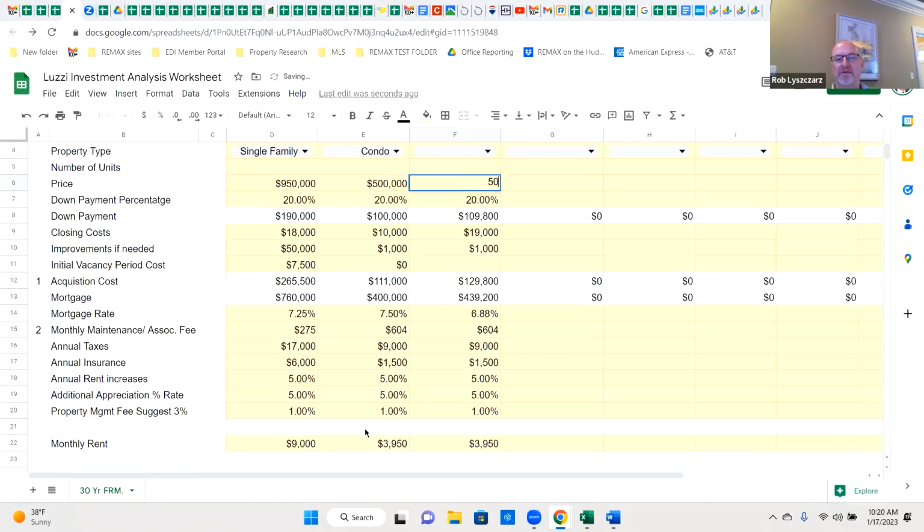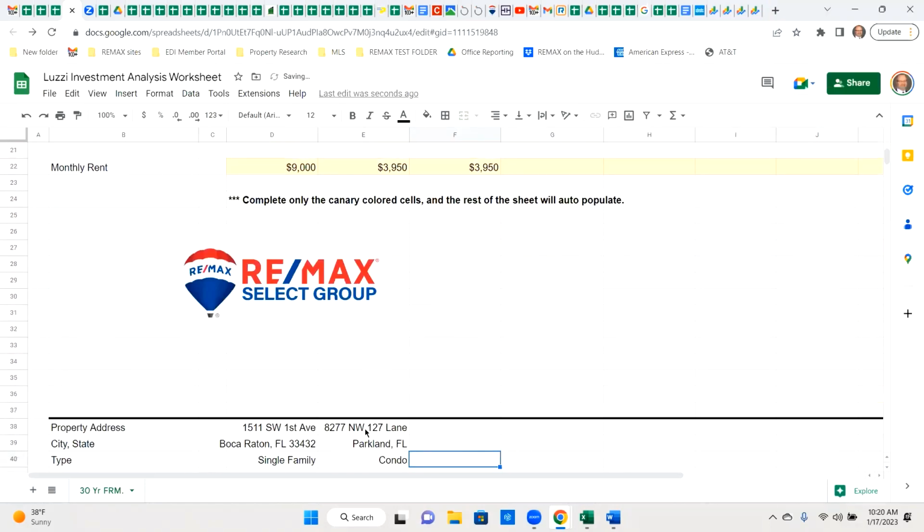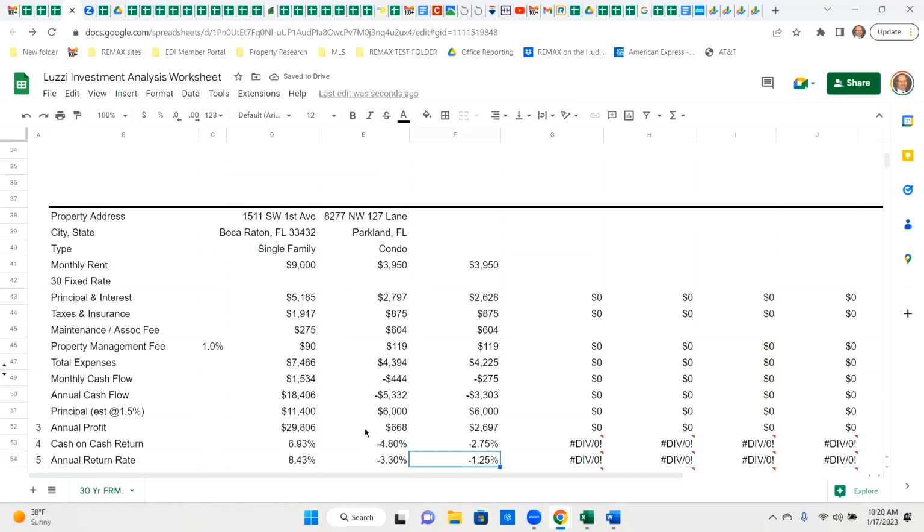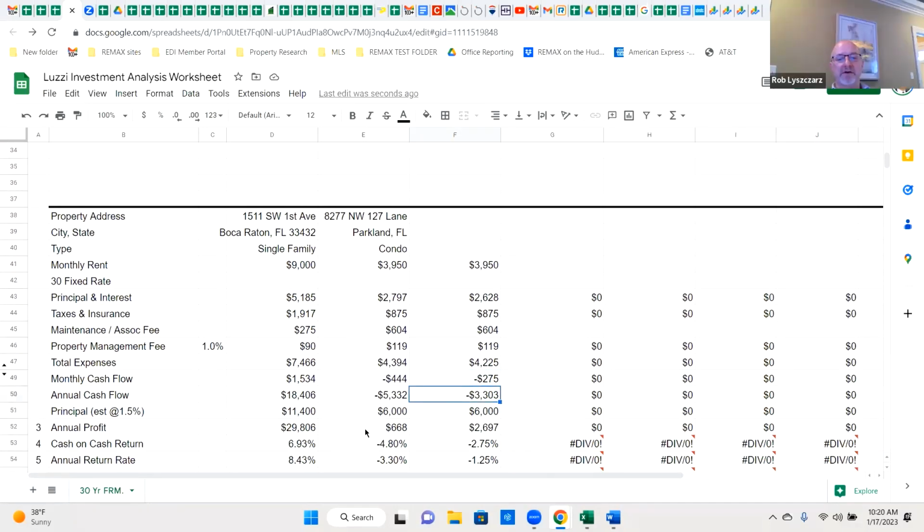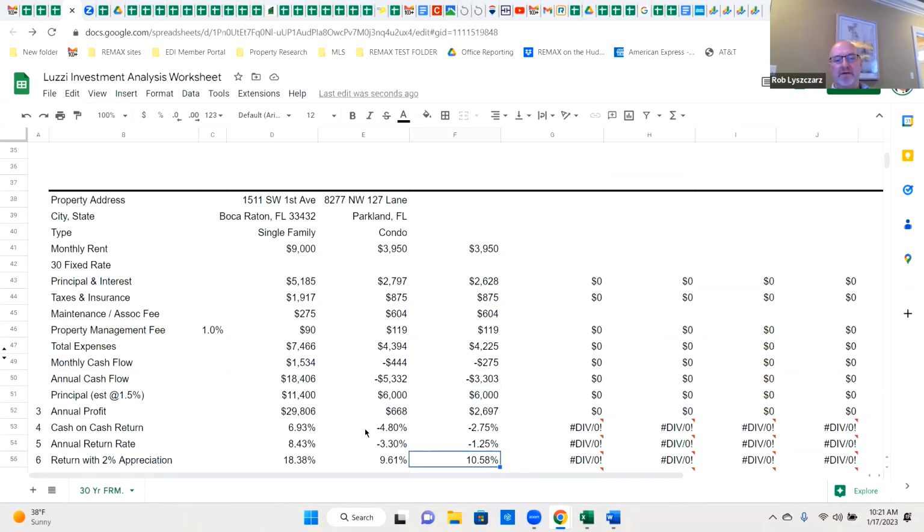Yep, that's what's beautiful about this. So you can use this on how to make an offer. At $500,000, the monthly cash flow for the first year is still about $300 negative, right?